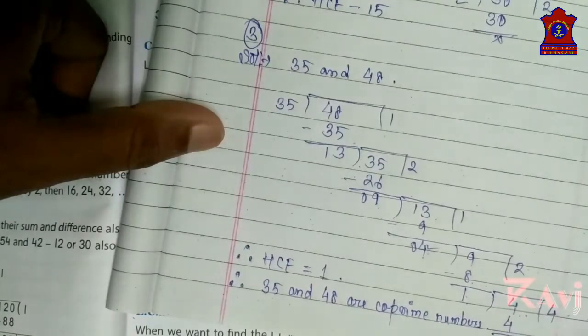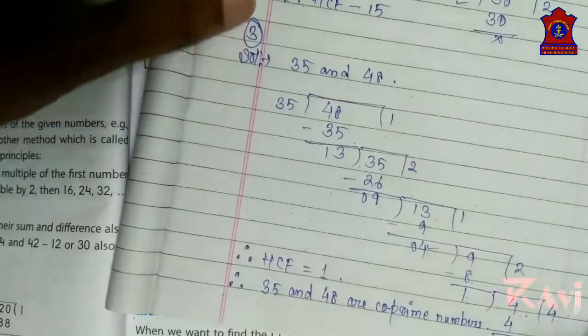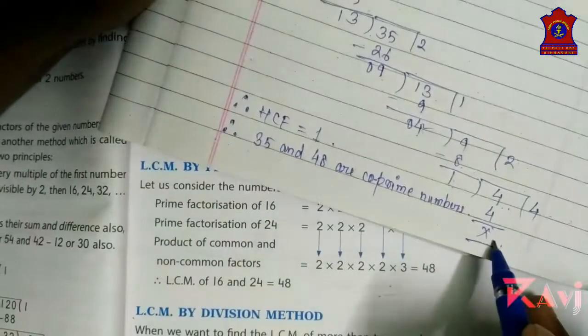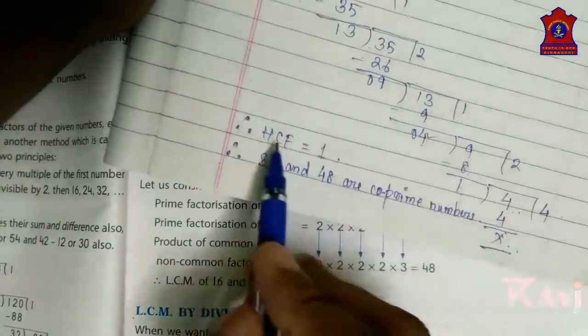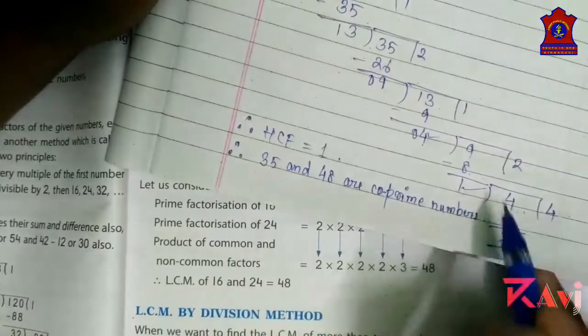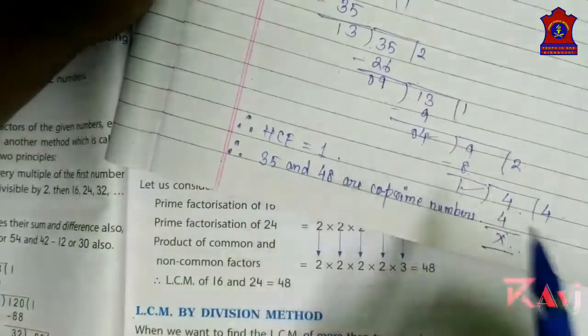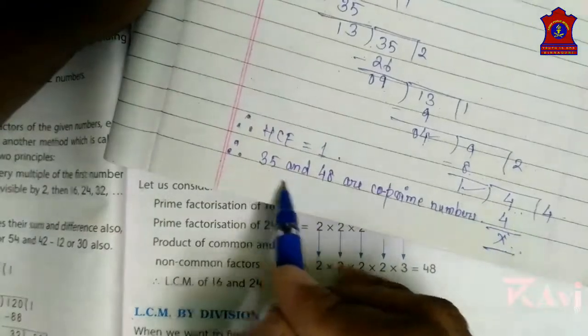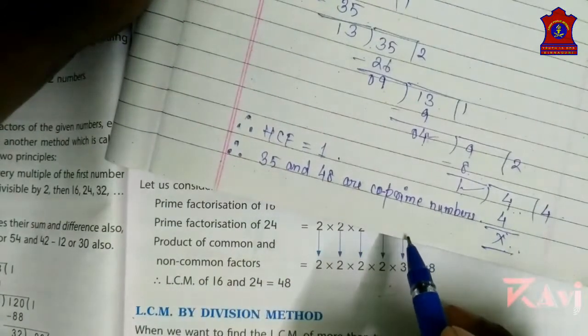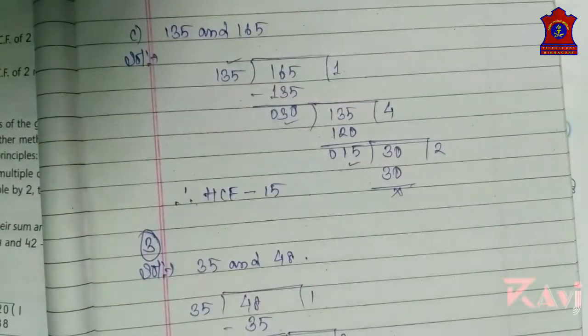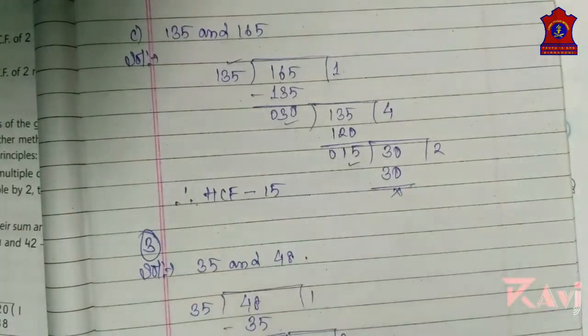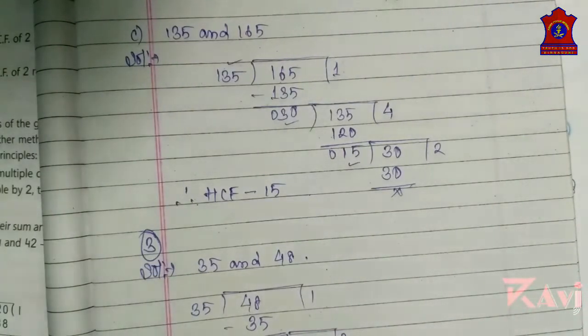So here the remainder is nothing. So therefore HCF is what? 1. If you find HCF as 1, then the given numbers are co-prime numbers. The simple thing is, when you find HCF of two numbers and you find HCF as 1, then those numbers are co-prime numbers.